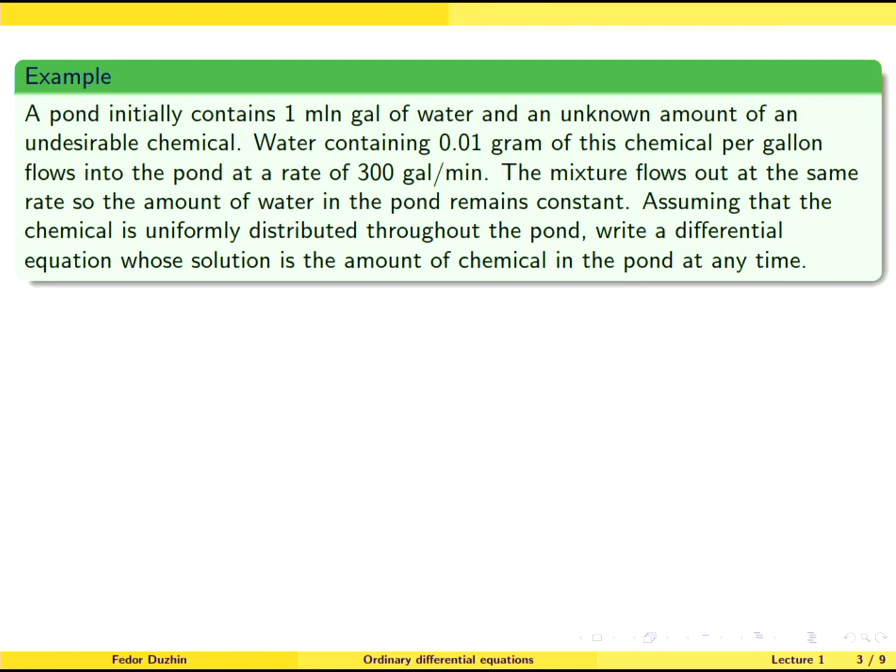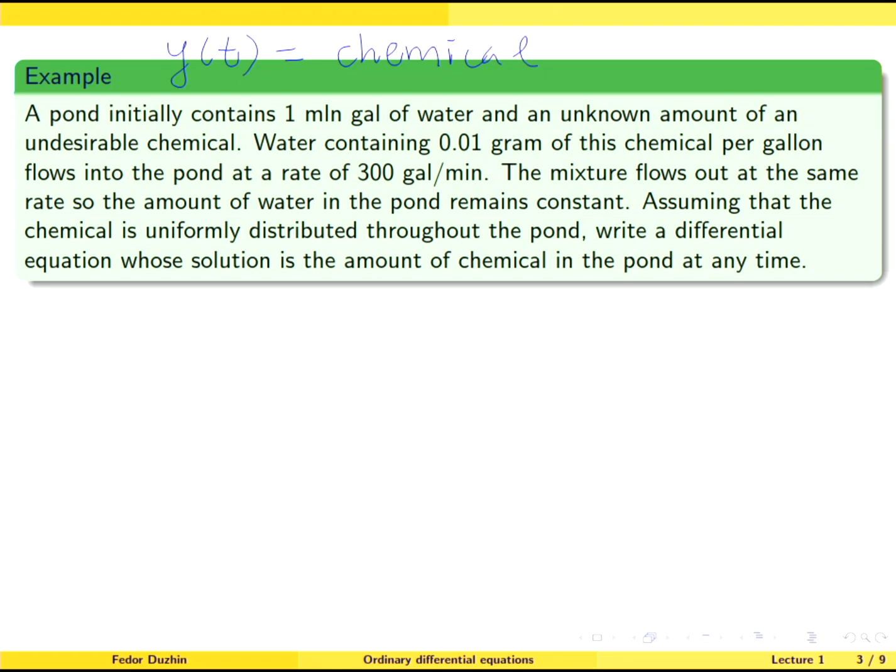Right? So let me write that y of t is this unknown amount of undesirable chemical.